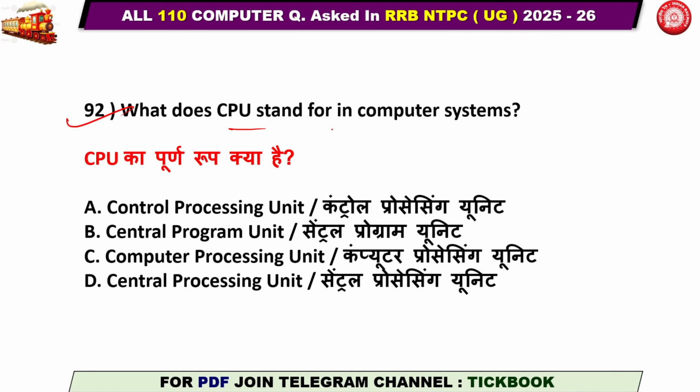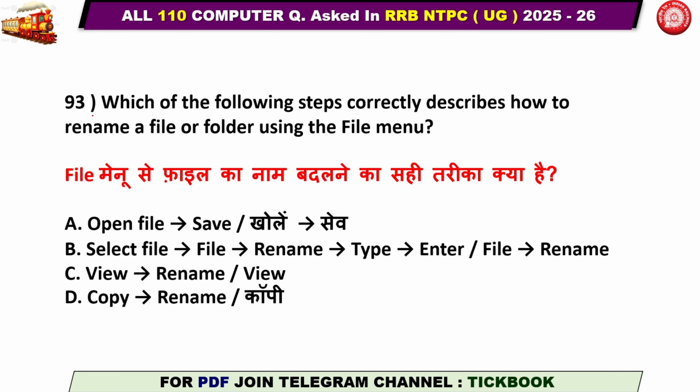92. What does CPU stand for in a computer system? Easy question. Option number D, central processing unit. 93. Which of the following steps correctly describes how to rename a file or folder using the file menu?